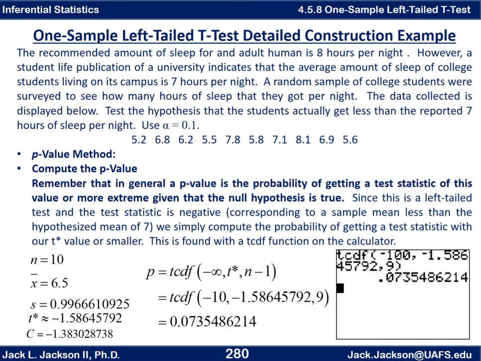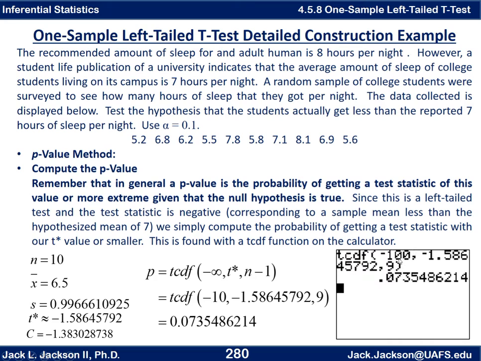More extreme in this case means further to the left, so something at the level we got or left. So we're just finding the probability to the left of this t value. That's a t-CDF from negative infinity up to t star with n minus 1 degrees of freedom.